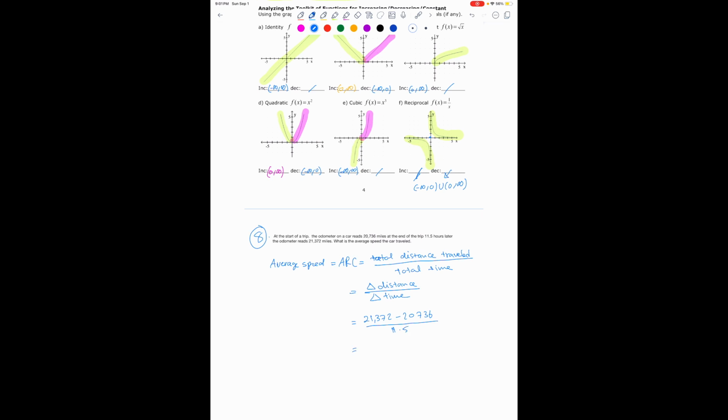And the answer is going to be 636 divided by 11.5, which is equal to 55.30. And the units are miles per hour.